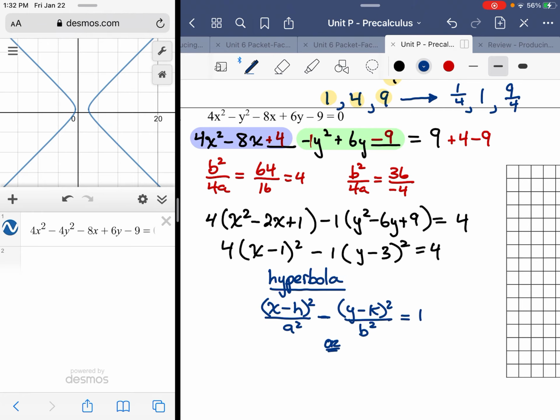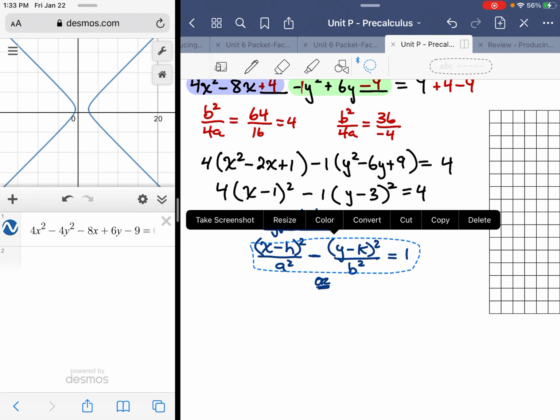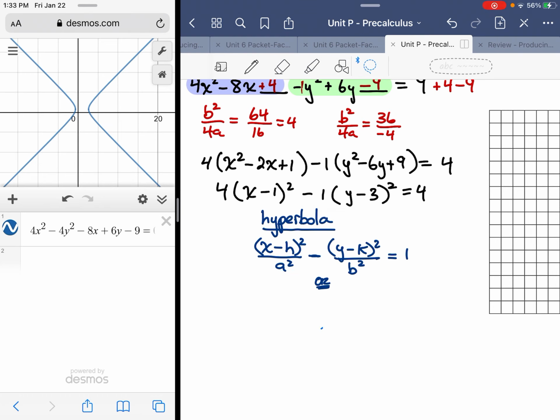But because there's a minus in here, it's not like an ellipse where you can just swap the order and everything's hunky-dory. If you do swap the order, you get a different equation, right?